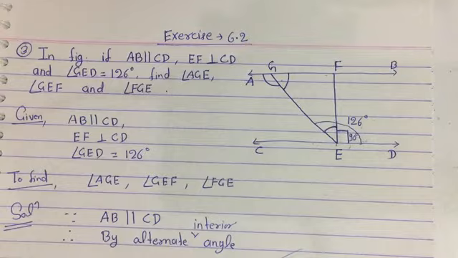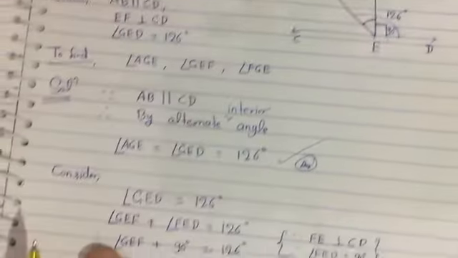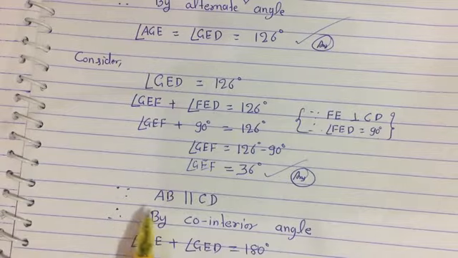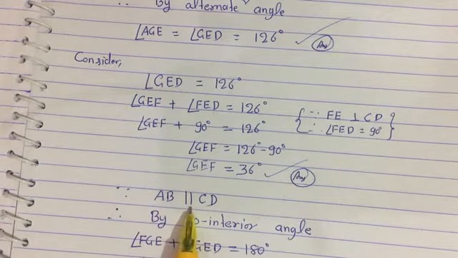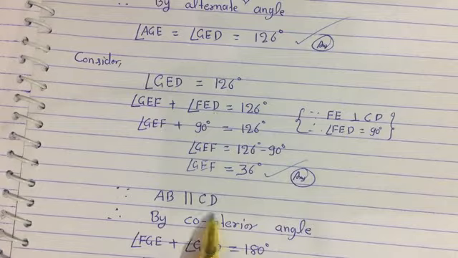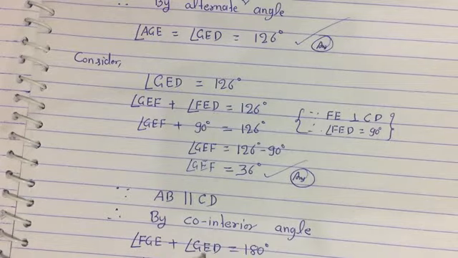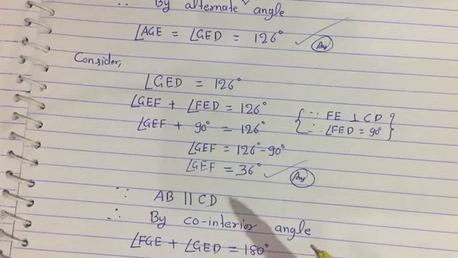Okay, now we are going to write here that since AB is parallel to CD, therefore by co-interior angles, angle FGE plus angle GED is equal to 180 degrees. We discussed earlier in the figure.